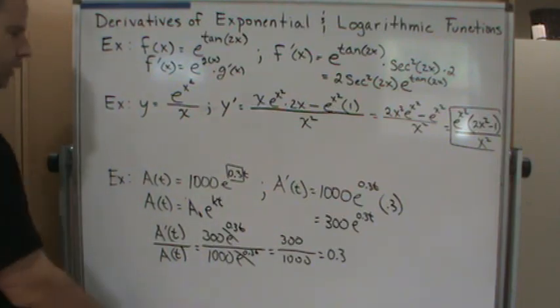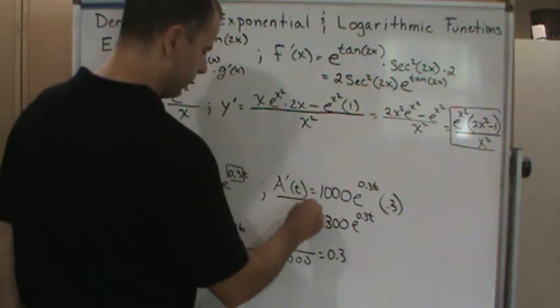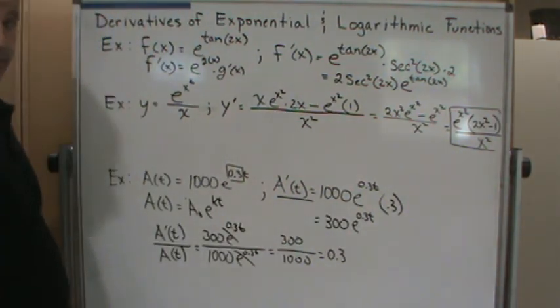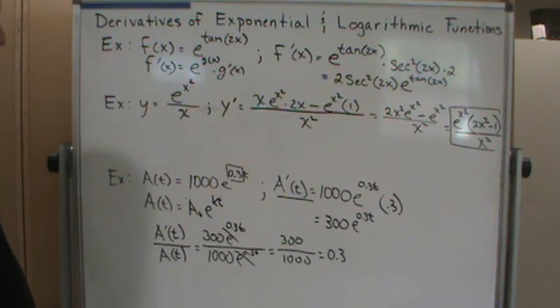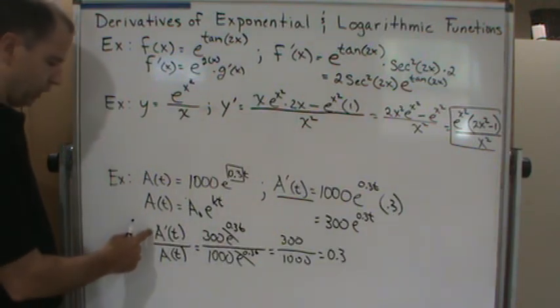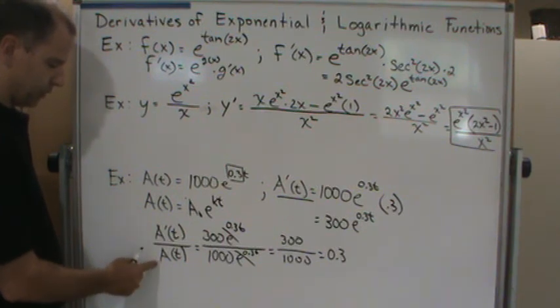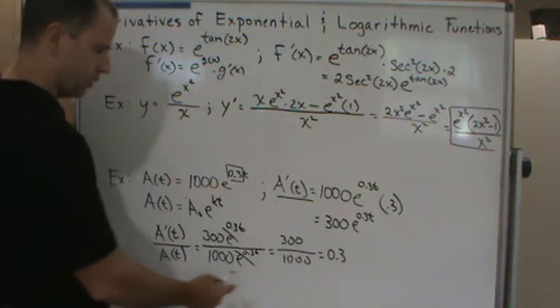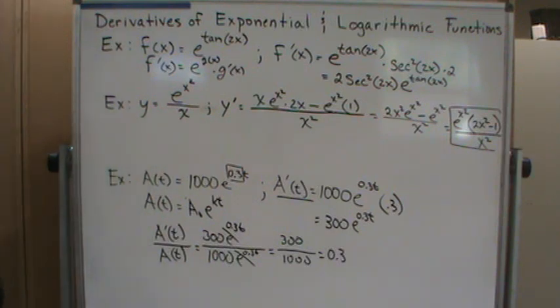So remember, A prime of t, in the case of population growth or decay, is a rate of change. It represents the rate of change of the population. And that ratio of the rate of change of the population to the population is always constant. All right.